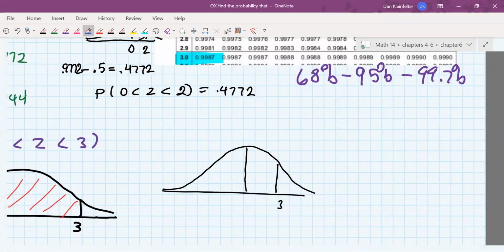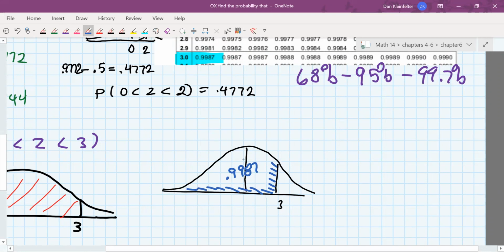So 0.9987 will be the area from -infinity up to 3.